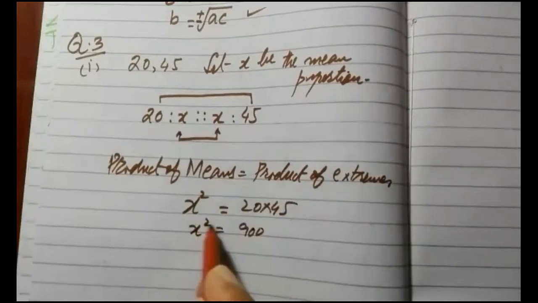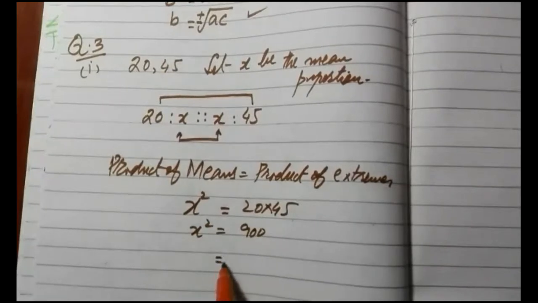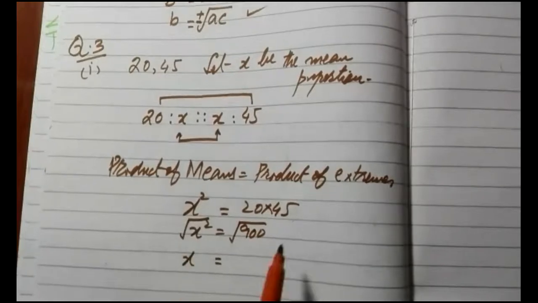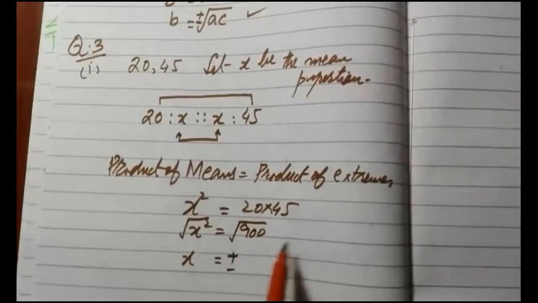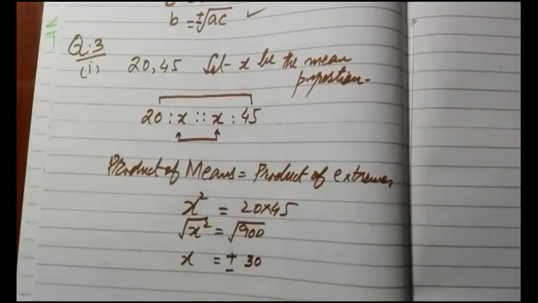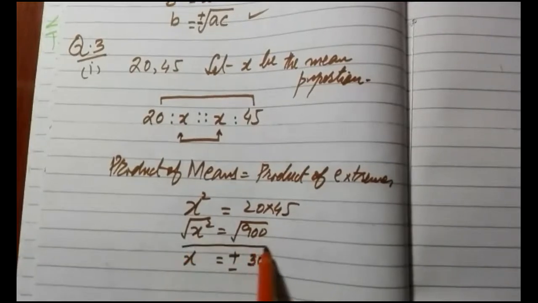This is x squared. If you take the square root, on the left hand side you will get x, but on the right hand side the square root of 900 will be 30. So there will be two mean proportions, that is plus and minus 30. There will be two values for the mean proportion.